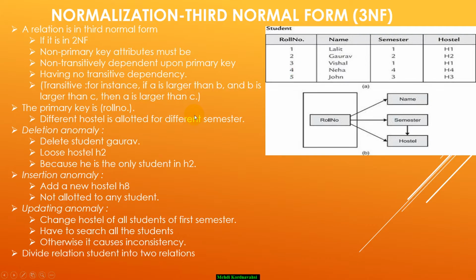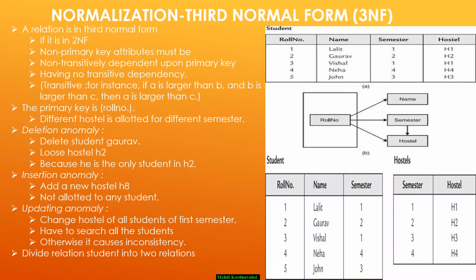The solution of this problem is to divide relation student into two relations: student with 3 fields, roll number, name, and semester, and hostel with 2 fields, semester and hostel.